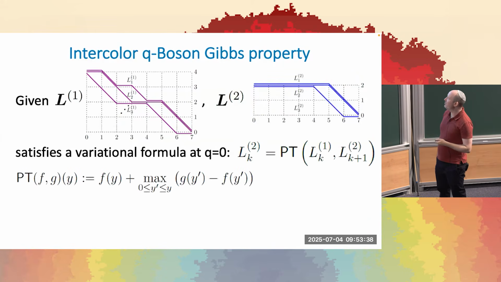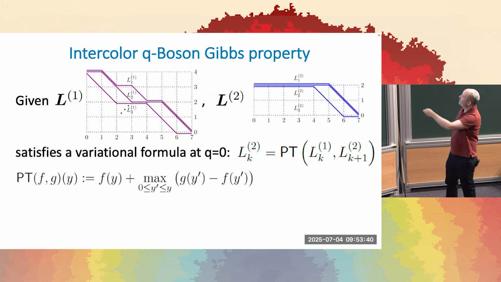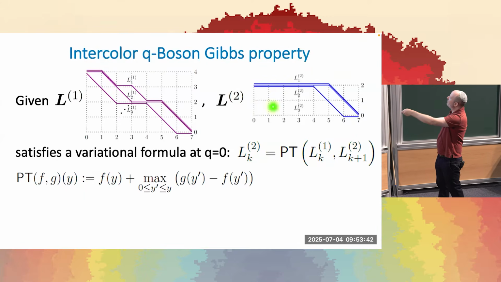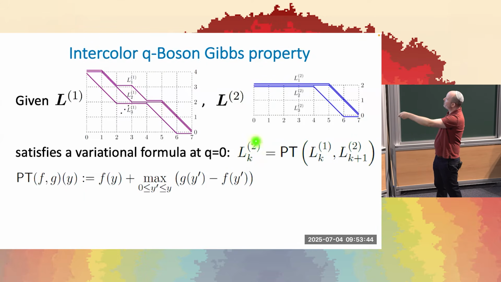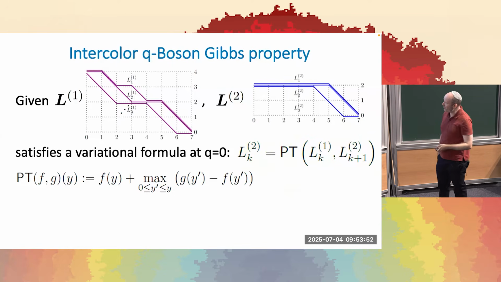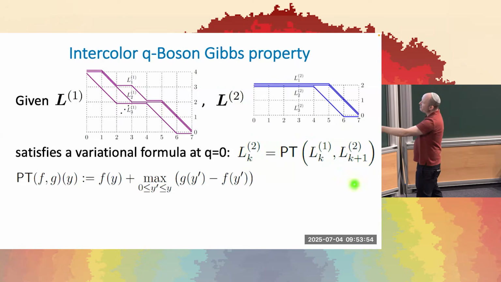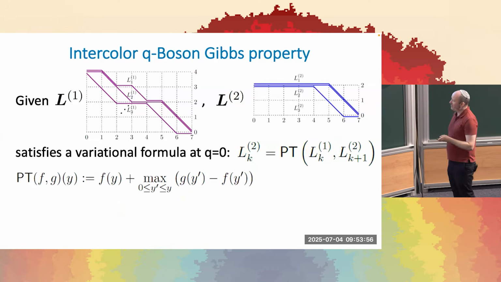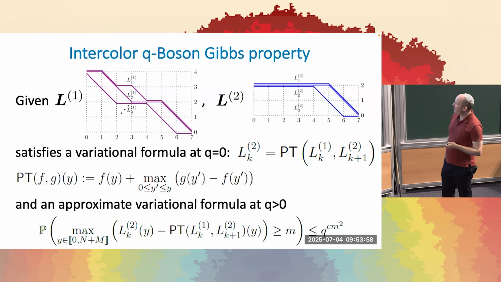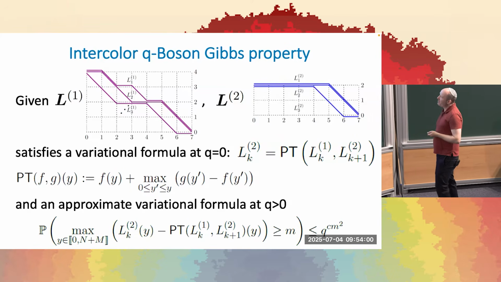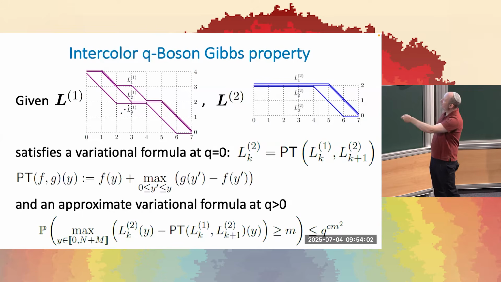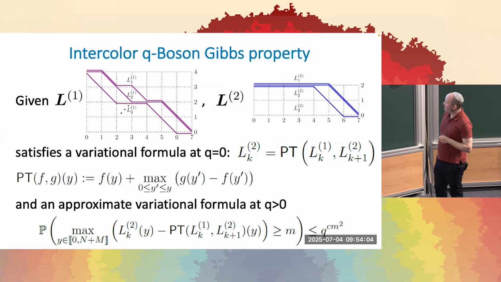Or at least, when Q equals 0, you recover, for instance, if I want to know the law of the kth curve of the type 2 ensemble, I can recover it from the knowledge of the kth curve of the type 1 and then the k plus first curve of type 2 through something called a Pitman transform. This is some sort of transformation that often occurs in this sort of area. And then when Q is not equal to 0, this is not an exact variational formula.